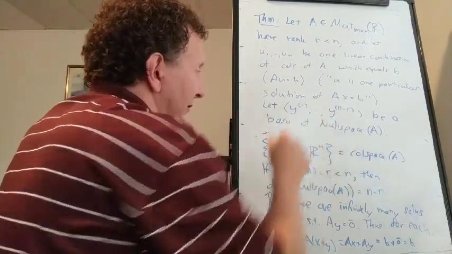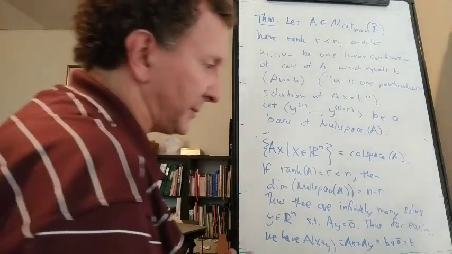So these are n minus r different vectors which make a basis of the null space of A.